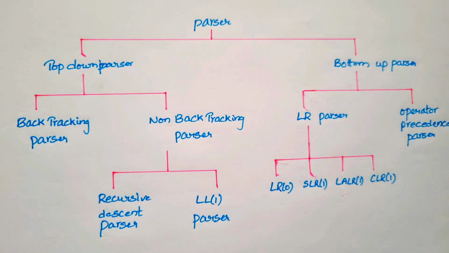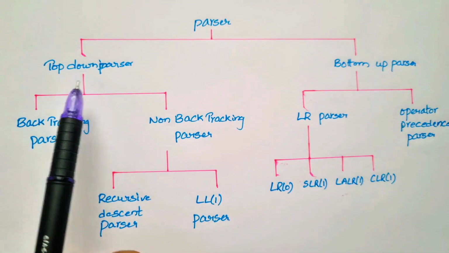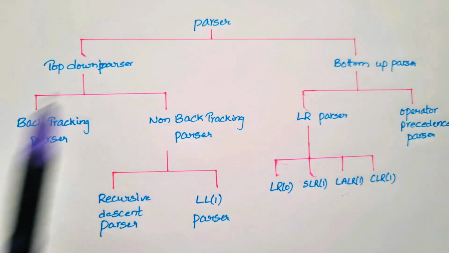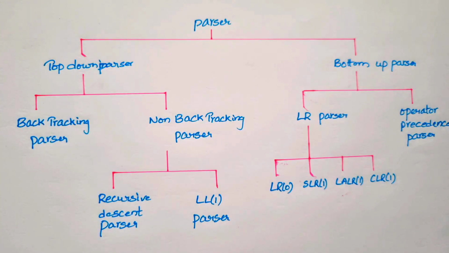Now we shall see the types of parsers. They are broadly classified into top-down parsers and bottom-up parsers. Top-down parsers start parsing from the start symbol of the grammar and try to construct the parse tree from root towards the leaves. They are divided again into two types.